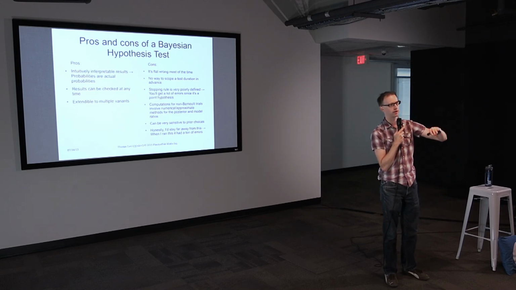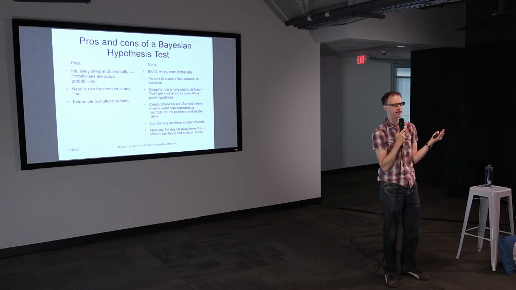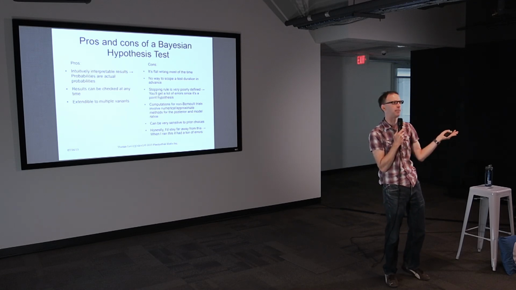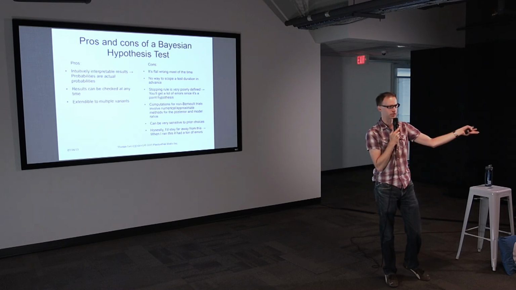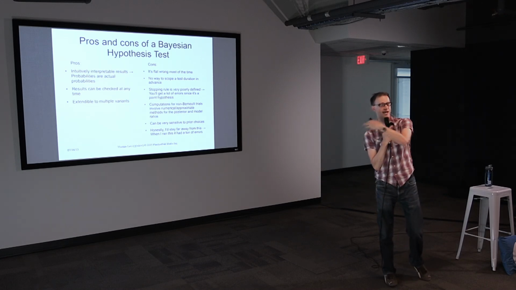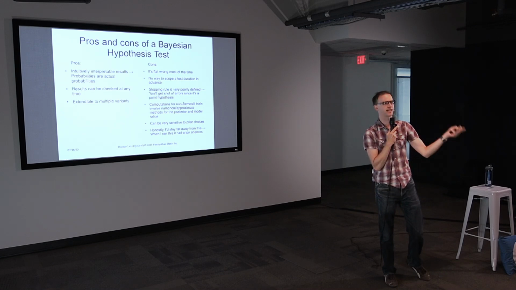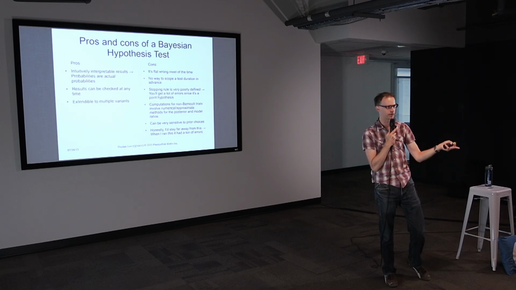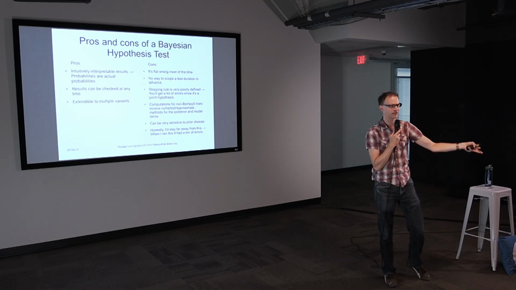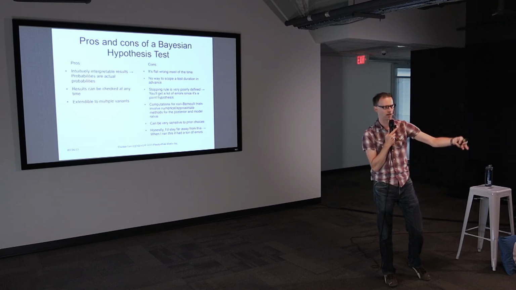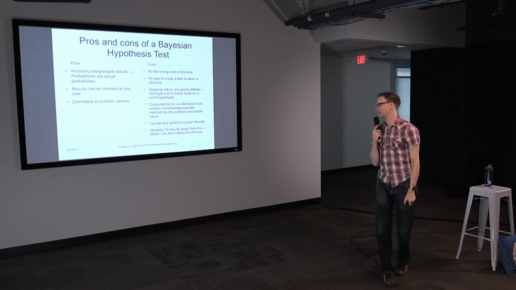What I couldn't do in the null hypothesis test was say, well, I'm halfway there, I want to check the p-value and stop it if the test is significant, because that would bias us towards a certain result. In this case, at any time you can check the results, and the second it's significant, you can stop the test, and you won't bias yourself one way or the other. So that answers the first bit. The second bit is because I can do that, I can't tell you exactly how long the test is going to run. Does that answer your question? Okay.